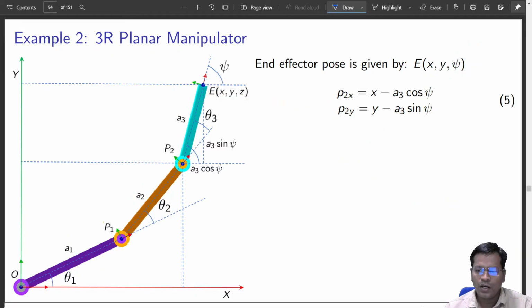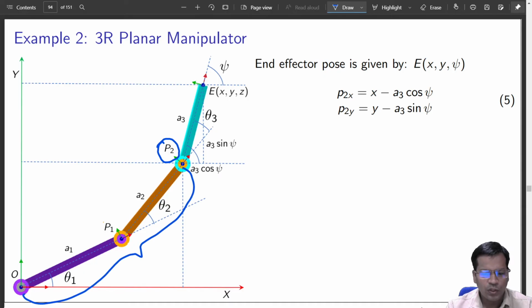Then now that you know already, if you can somehow find out point P2, the remaining system you have just solved. That means if you know this location, the P2 location, x dash y dash, you have just solved a 2-link manipulator.